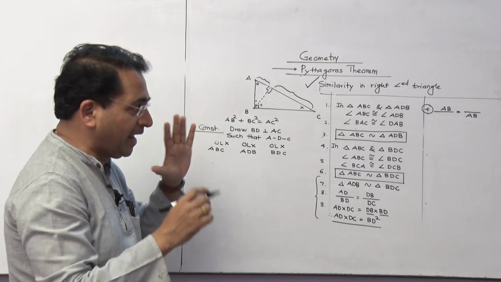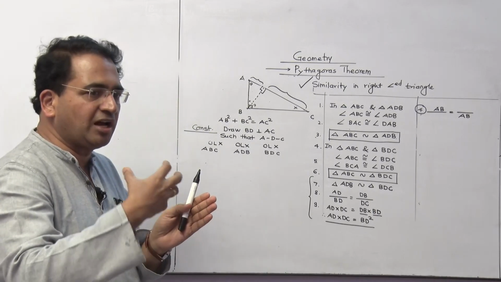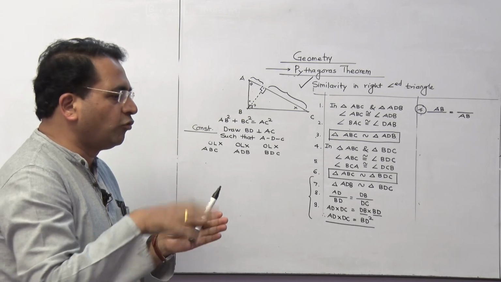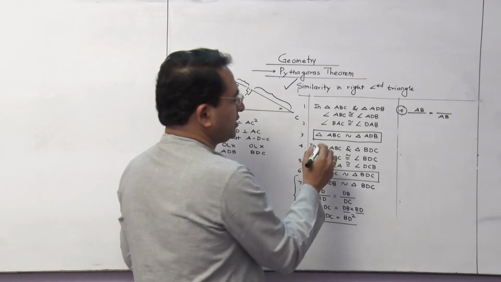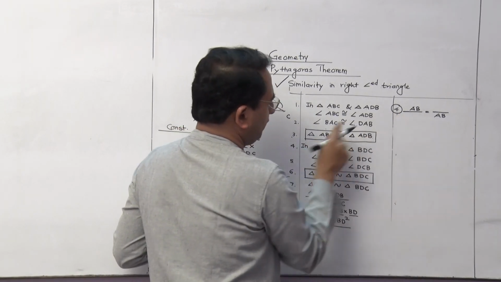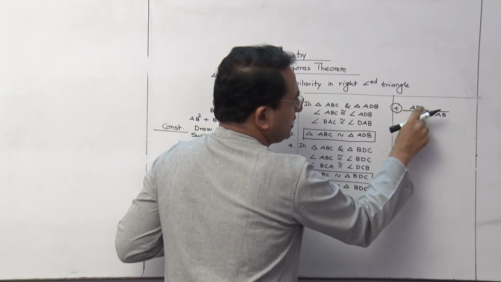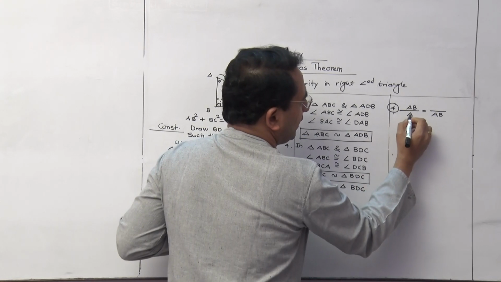So what we are planning here, we will write the ratios which are of some importance. The ratio which is not involved in the calculation, that we will not write. So now, this AB is of this side, this triangle. So in place of this AB upon, what should you write here? AD.